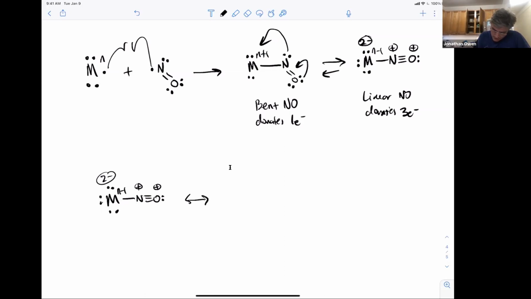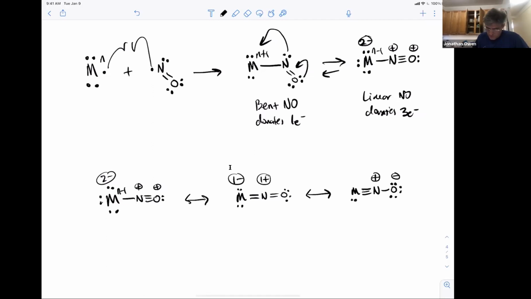So let's push some electrons toward that nitrogen. Well, let's do it again. So there's 3 resonance structures for the metal.